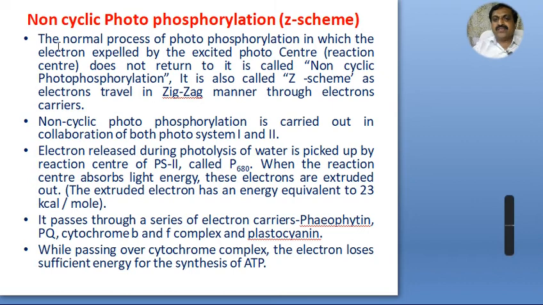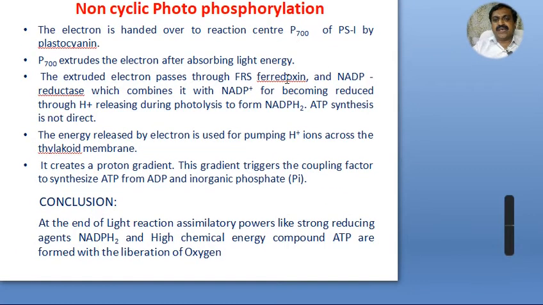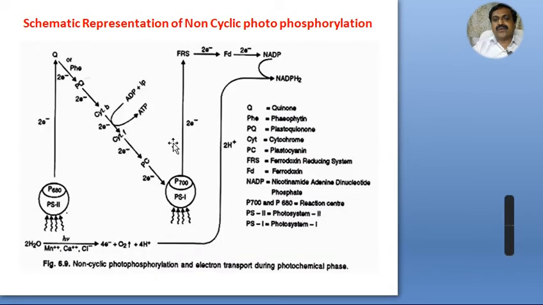This is the explanation. Non-cyclic photophosphorylation, another method. See, here we can explain with this. This is the schematic representation of non-cyclic photophosphorylation, where the very difference between cyclic and non-cyclic photophosphorylation is that during cyclic photophosphorylation, there is a cyclic journey of the electron, number one.